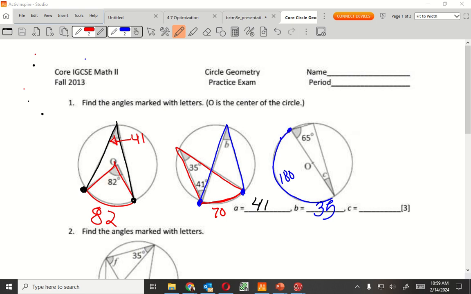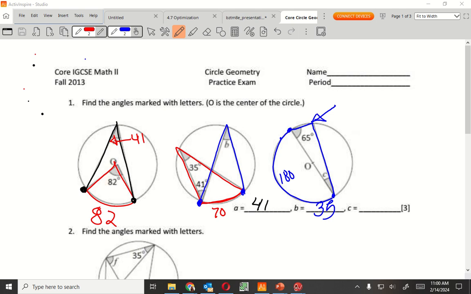And let's look at the endpoints. Endpoints there and there. I know this one might seem kind of weird, but that angle right there is what type of angle? It is right this time. It is right, but isn't that one inscribed?